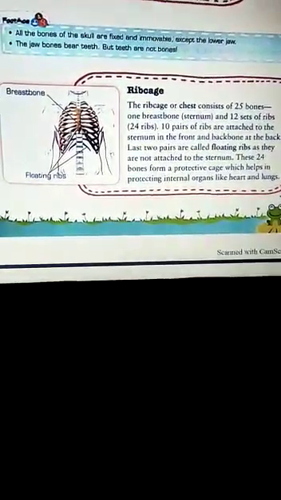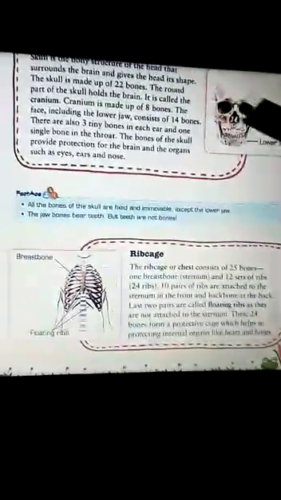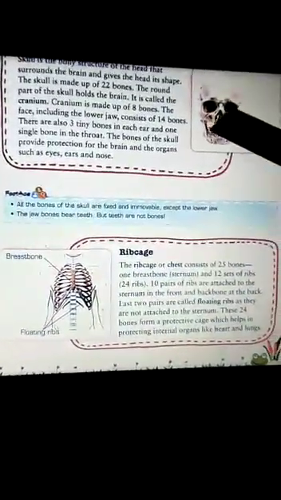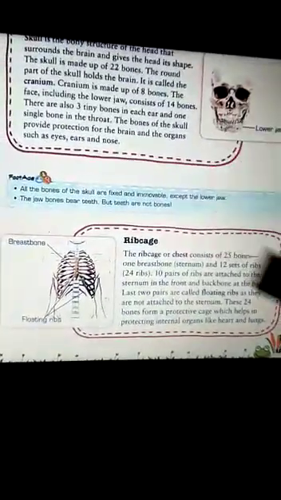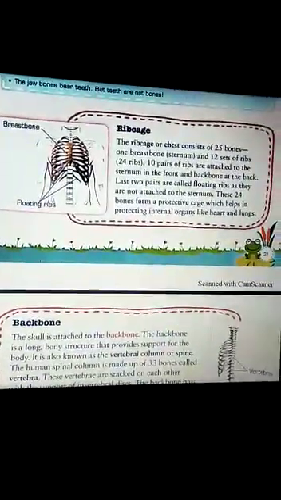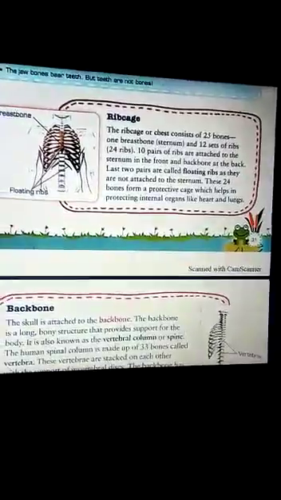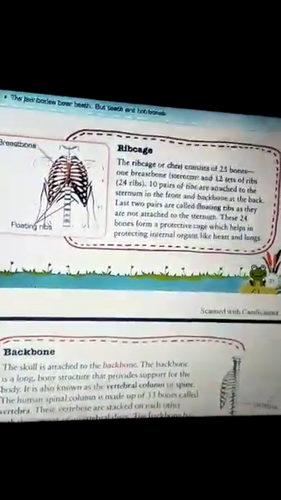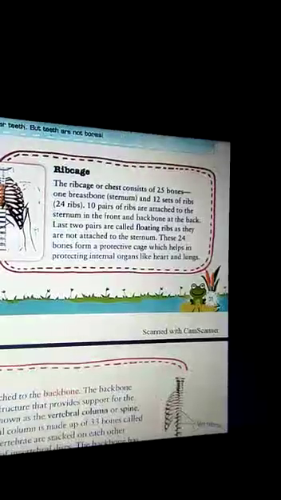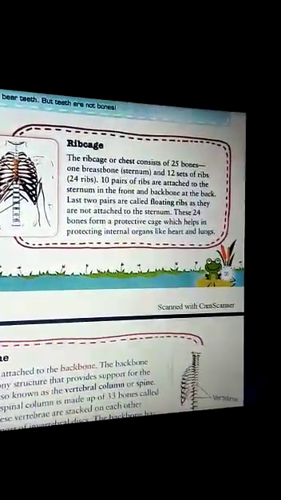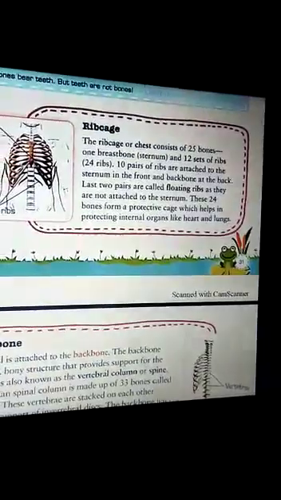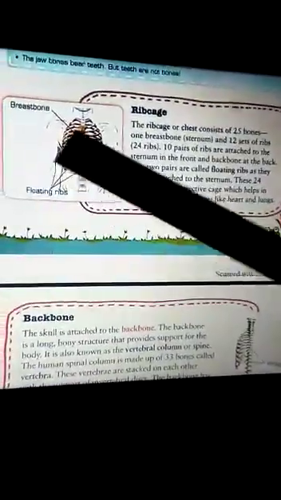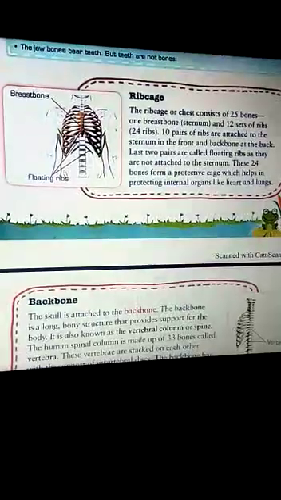Just now we saw that the skull bone is protecting our soft brain, and it also protects the ear, nose, everything, with the help of the bones of the eye socket and the nose. But the rib cage protects the heart and lungs. It protects our soft heart and a pair of lungs.